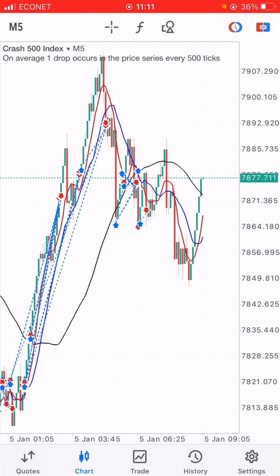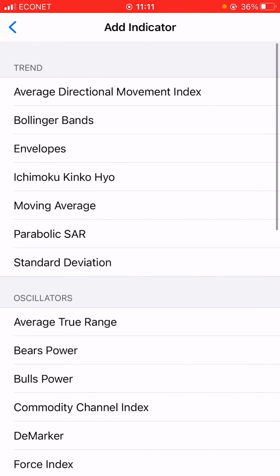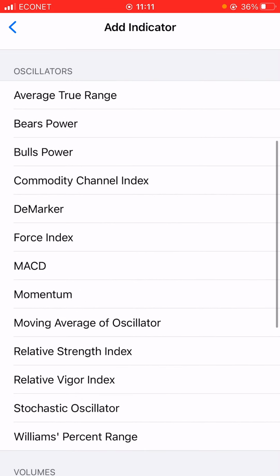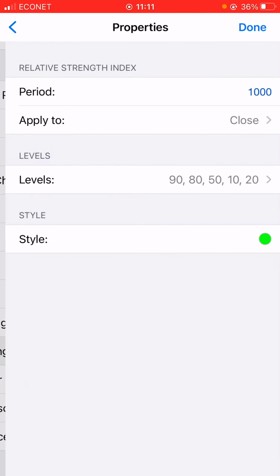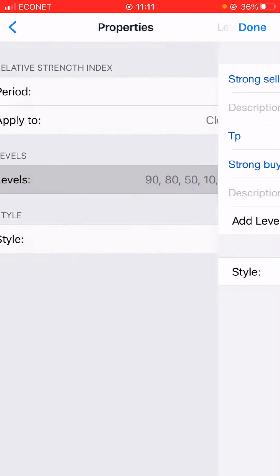The next thing that we want to do is install an RSI. How are we going to do that? I'll simply go to the relative strength index. It has to have the following settings: a period of 1000, apply to close, and it should have the following levels.